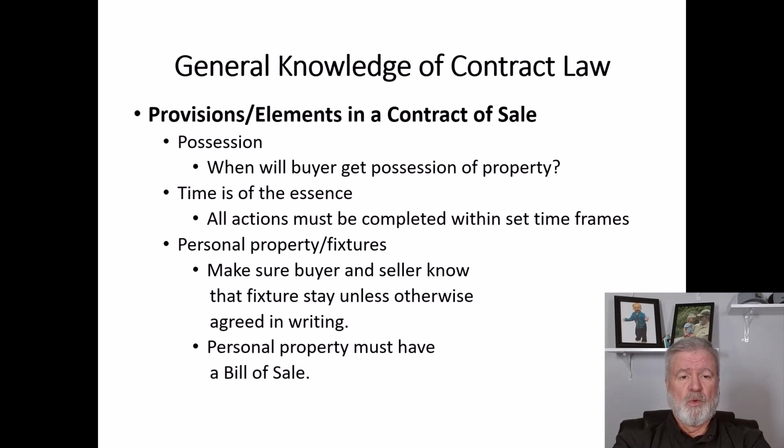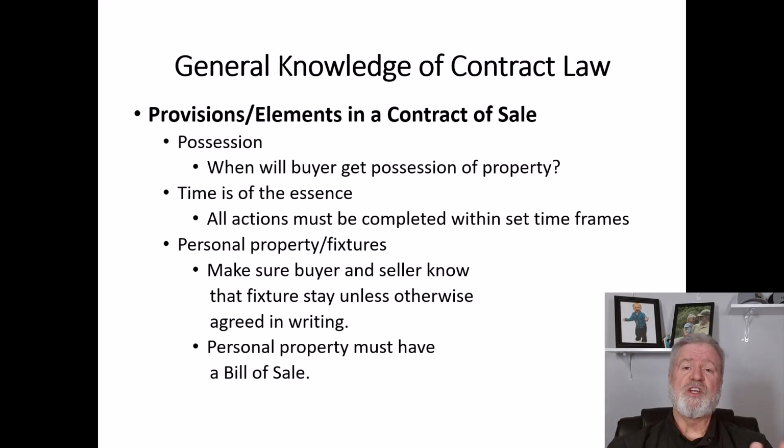Again, the contract will specify or talk about personal property and fixtures. We know fixtures are personal property that's been attached to real property. And according to the law and the contract, fixtures are to stay with the property.